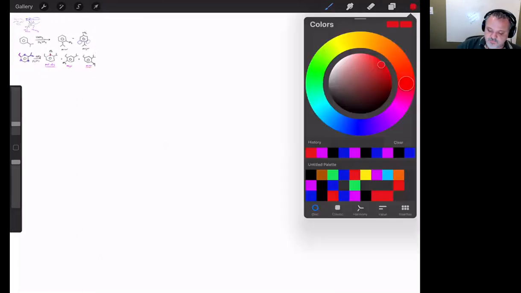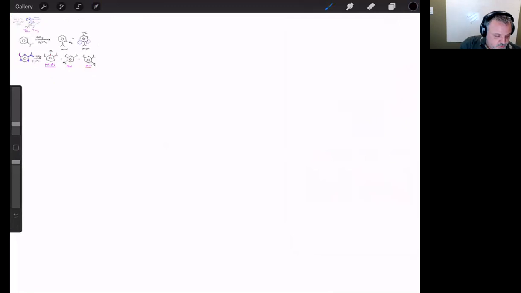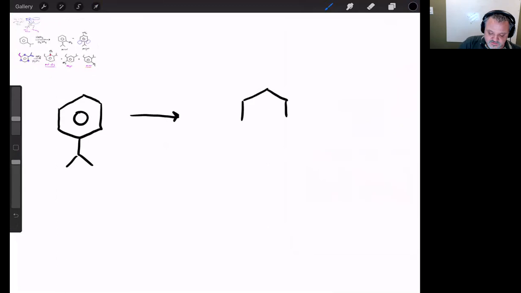All right, so here's something that's new. What if I actually wanted to synthesize the following molecule? What if I wanted to take this isopropyl group and install something in that ortho position, like a chlorine?